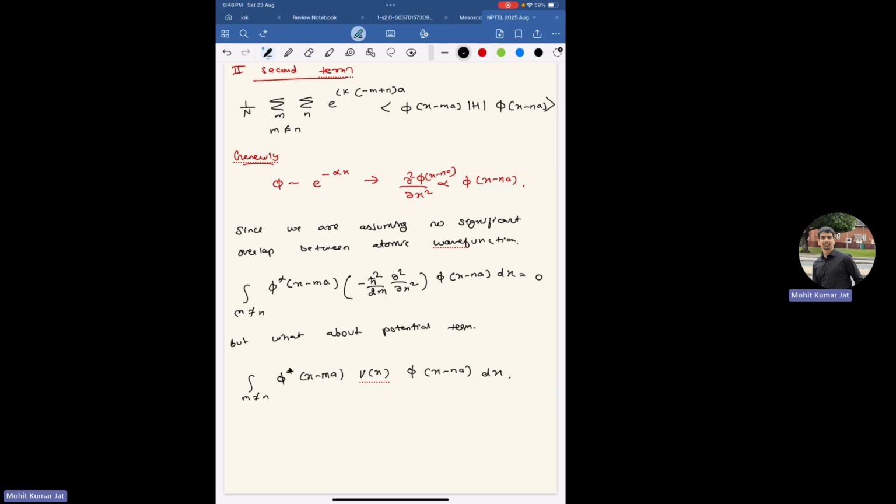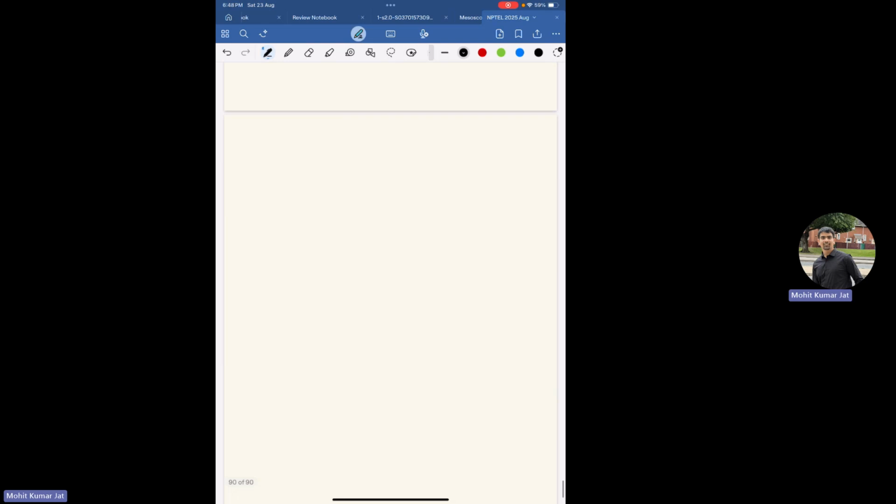So we allow nearest neighbor hopping, in which phi star x minus ma potential Vx phi x minus Na is not equal to 0 for n equal to m plus or minus 1. So the nearest neighbor they can jump on.